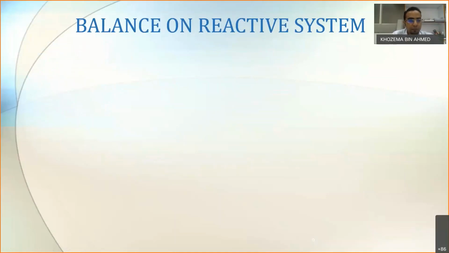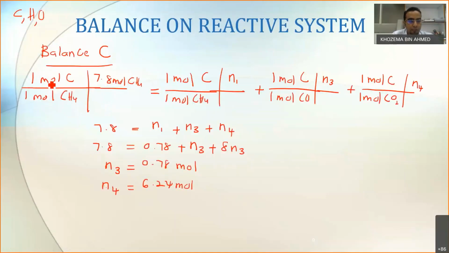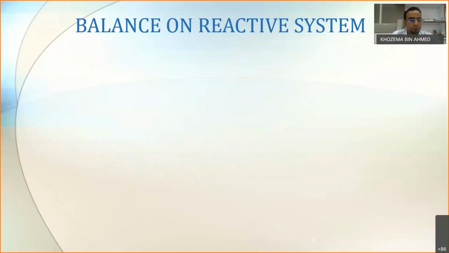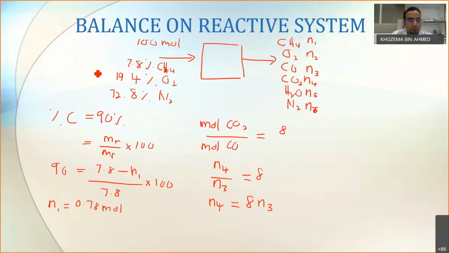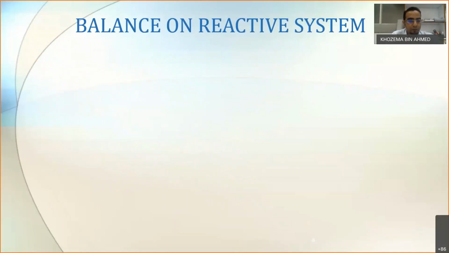So I have 2 moles of oxygen in 1 mole of oxygen gas, and this is my oxygen gas mole, because we say that 19.4% out of 100 is 19.4 mole. So that is the only oxygen I have in my input side.